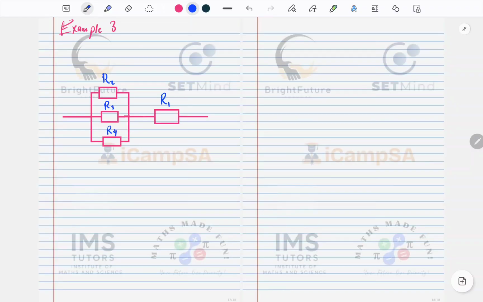How do we divide and conquer? First, look at this. This is parallel.